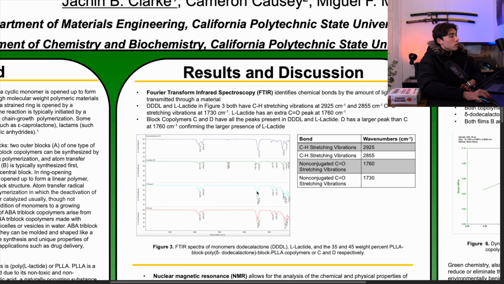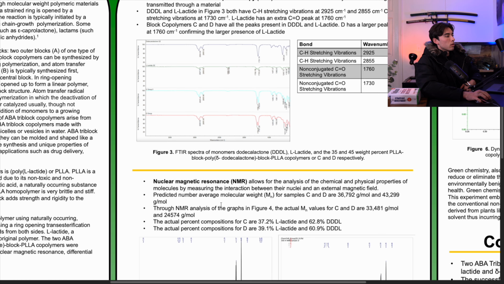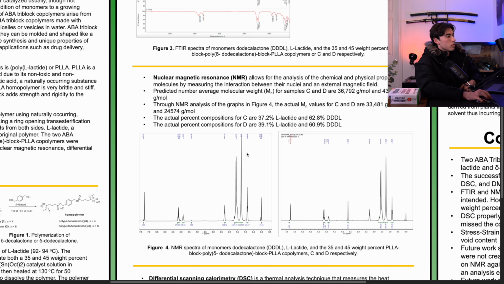So, as you can see in our C group and D group, our C group, which has less L-lactide by weight %, has a smaller peak at around 1760. Whereas the D group has a little bit larger peak at around 1760, which is the peak distinguished by L-lactide. So this can confirm that there's probably a larger presence of L-lactide within this 45 weight % polymer.